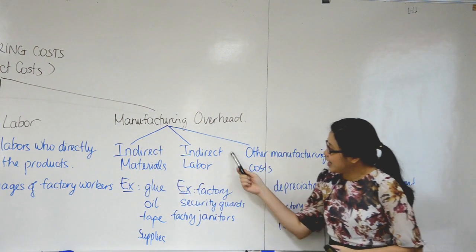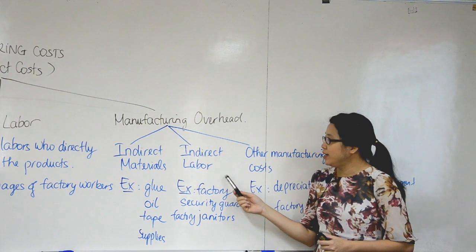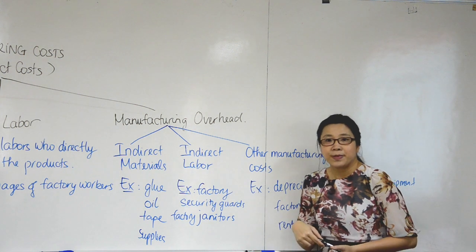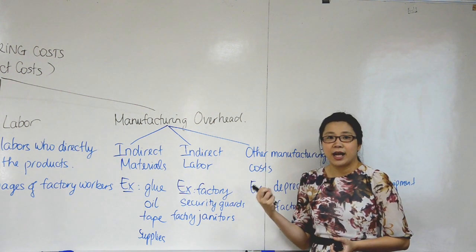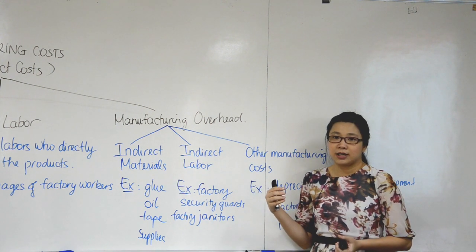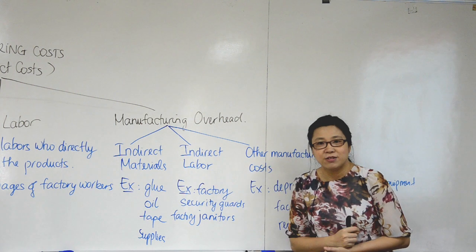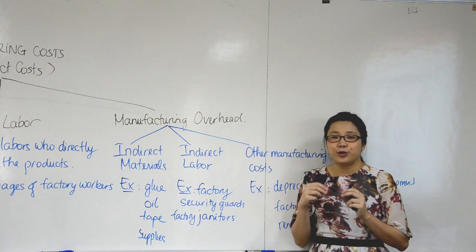Now, the next type of cost under manufacturing overhead, we call it indirect labor. Indirect labor includes the cost of the labor who do not directly produce the product. They work in the factory, but they are not the ones who produce the product.